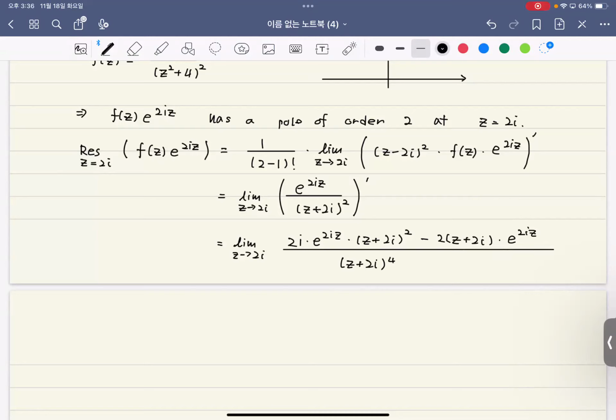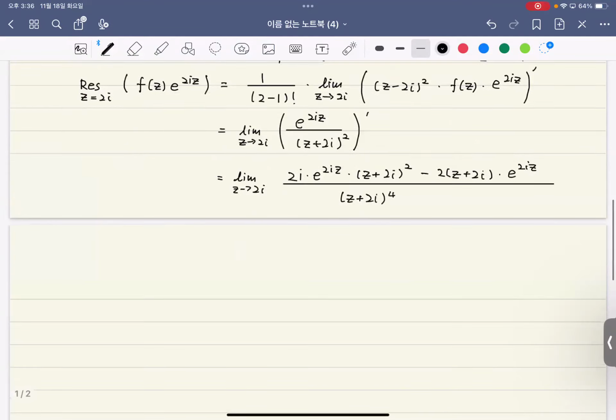And all we need to do is plug in z equals 2i, right? This is just a tedious computation. Last night I did this computation by myself, which turns out to be 5i over 32 e to the fourth.